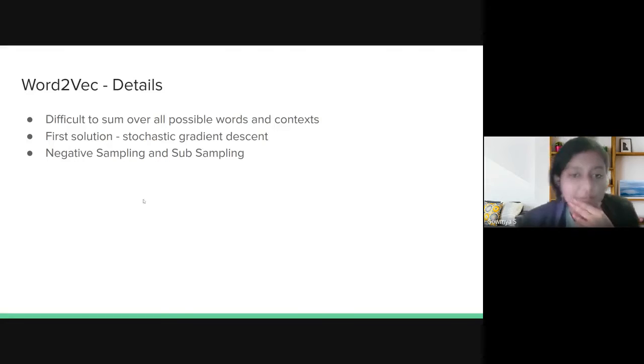One is negative sampling and the next is subsampling. These are there in the original word2vec paper, or the paper that followed that, I'm not very sure, but by the same authors, which describe how we can optimize over these values.